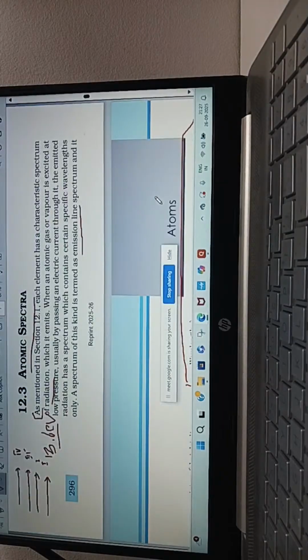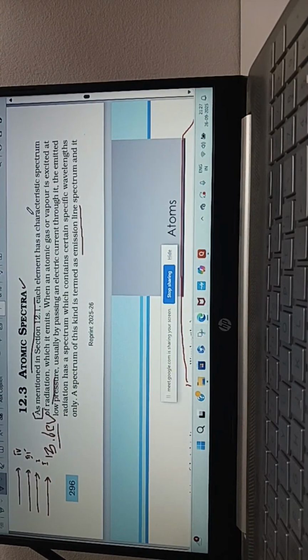Okay, what does spectra mean? In an atom, electrons are moving in circular orbits around the nucleus in available orbits. A hydrogen atom has one electron and one proton. The electron may be in the first orbit or any other orbit.